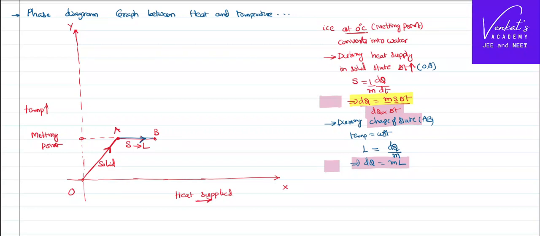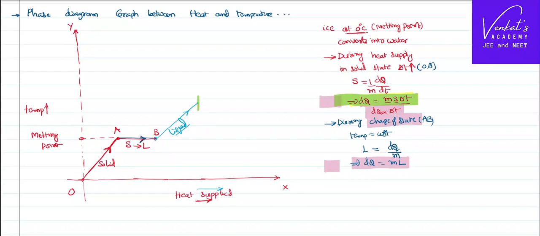Now the solid to liquid conversion has happened. It is already a liquid, no longer a solid. If you keep supplying heat energy, then the liquid temperature again increases. This is in the liquid state. Again for dQ, I can use the formula m s delta T in that state also.